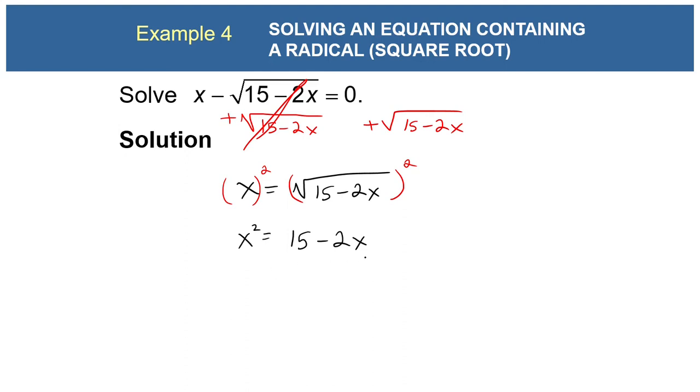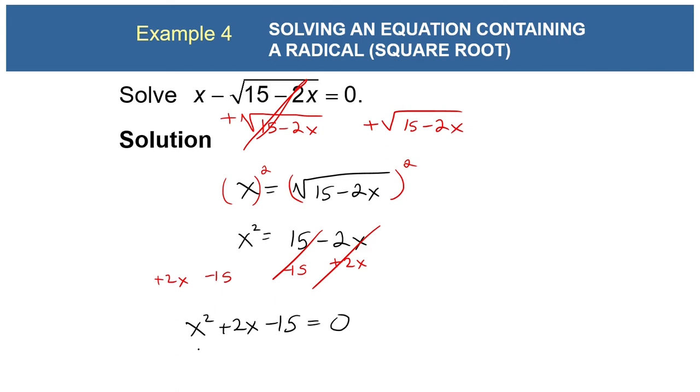Now I could solve this by setting this quadratic equal to 0. So let's add 2x to both sides. And let's subtract 15 to both sides. This gives us x squared plus 2x minus 15 equals 0.